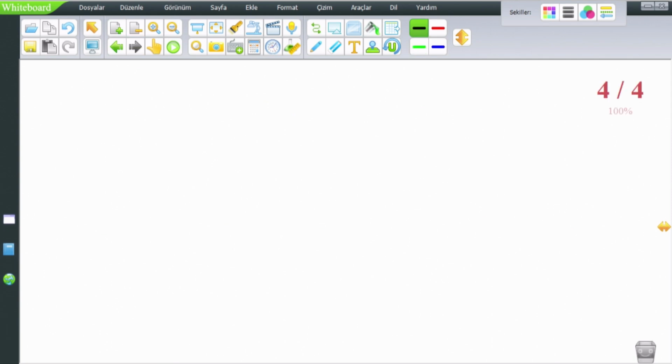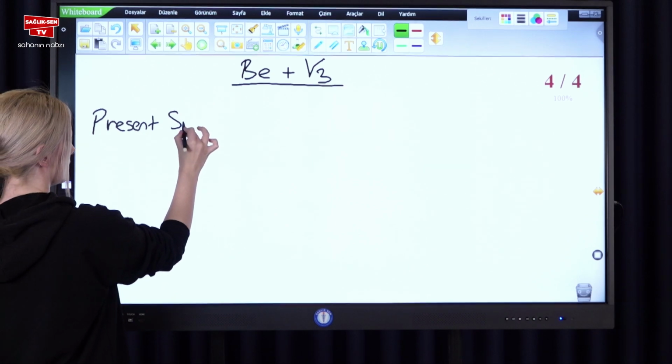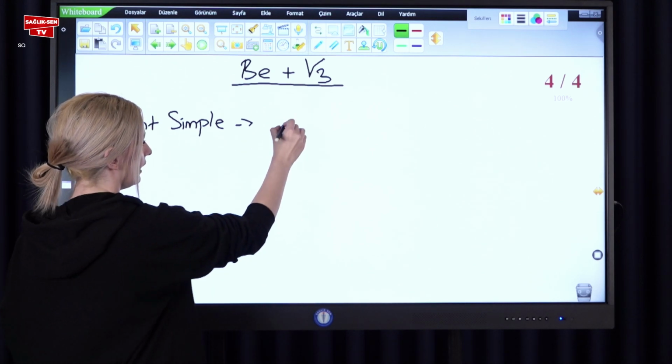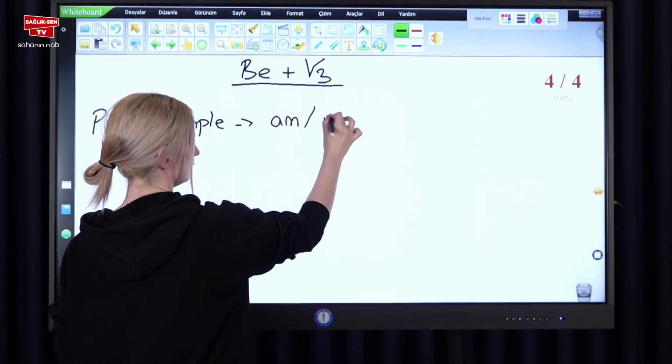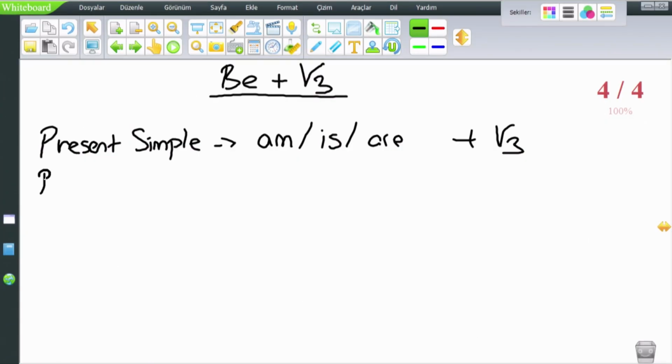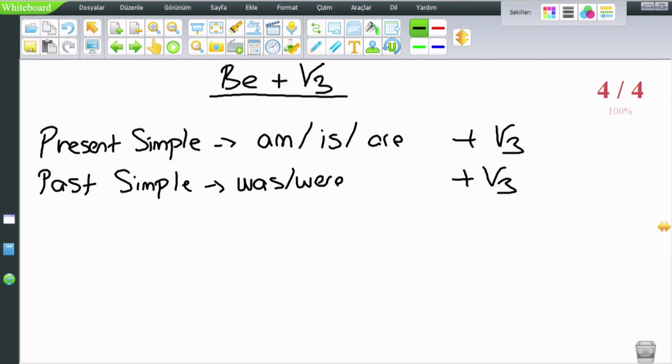This is basically how we do passive voice. Now we're going to do a chart: how I am going to form be in passive voice sentences. If I have a present simple tense in a sentence, I am going to use am, is, or are, verb 3. If we're talking about past simple, we're going to use was or were, verb 3.